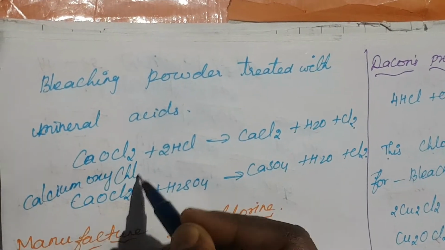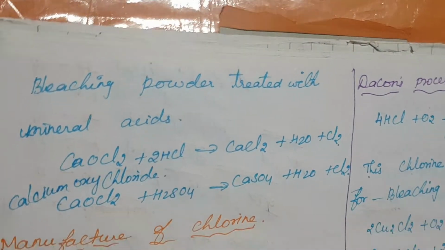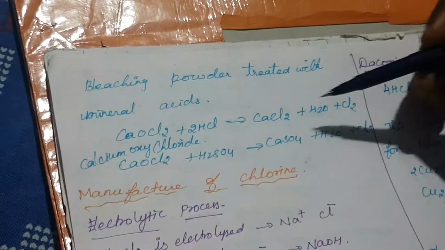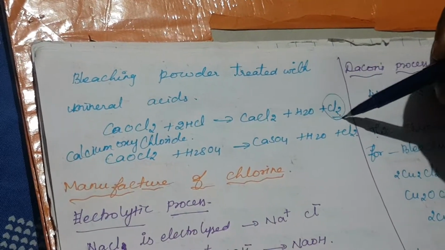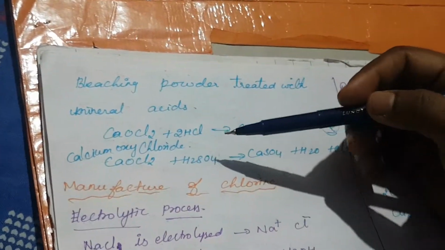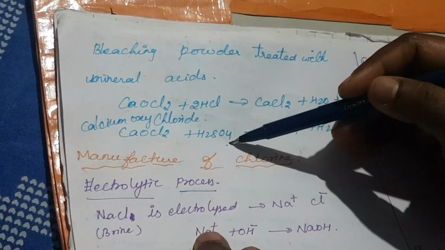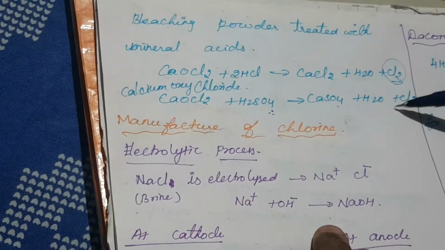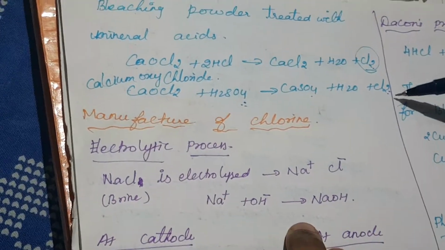Bleaching powder is treated with hydrochloric acid to form calcium chloride and liberated chlorine. Another one is calcium oxychloride reacting with concentrated or dilute sulfuric acid to form calcium sulfate, water and the chlorine molecule. These are the methods of preparation of chlorine.